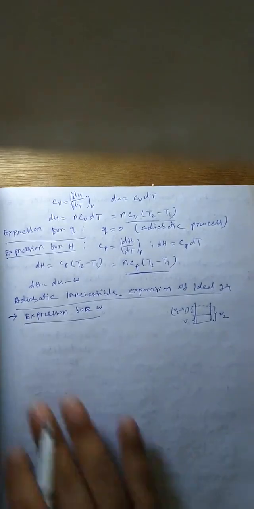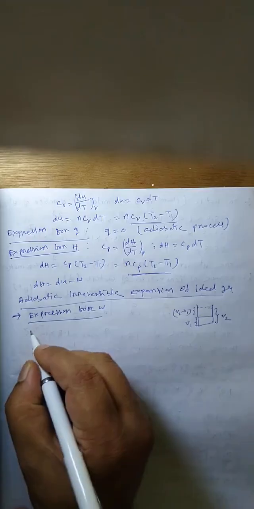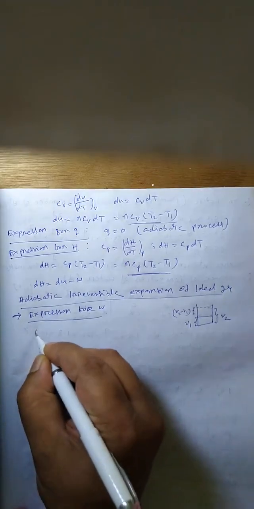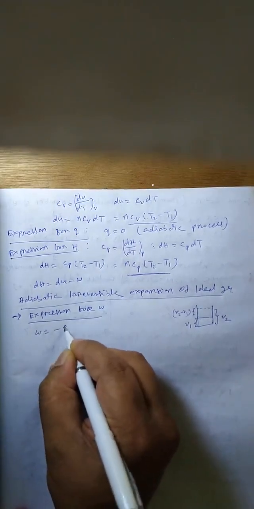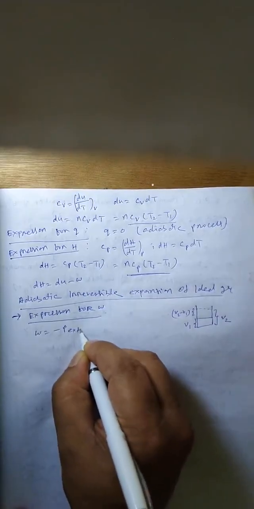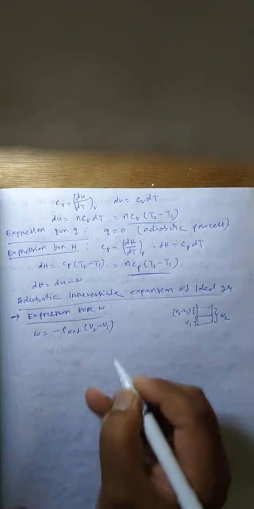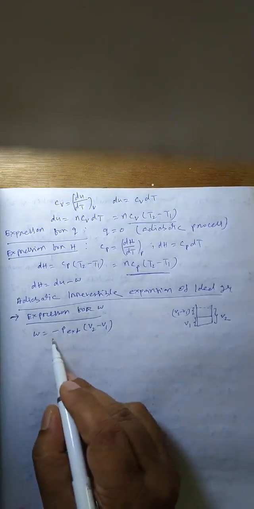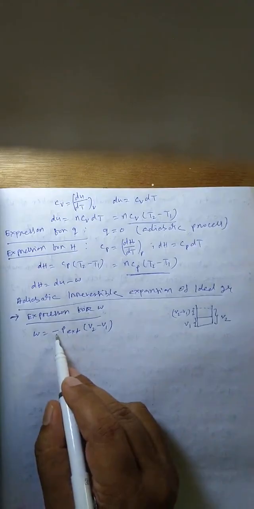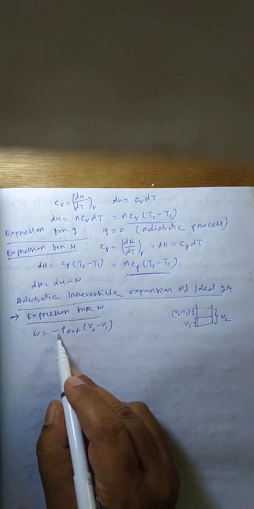Now W is equal to minus P external times (V2 minus V1). This is the PdV work. The minus sign means expansion, work done by the system.